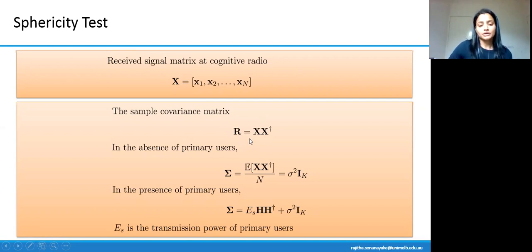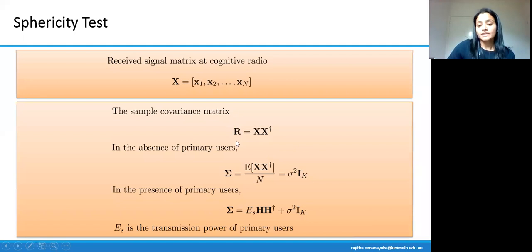When there are no primary users in the network, this R matrix has an uncorrelated complex Wishart distribution. So I can write the population covariance matrix, which is the expected value of this R matrix divided by N. It is simply a diagonal matrix when there are no primary users in the network. But if there are primary users, then this has a correlated complex Wishart distribution because of the correlation created by these primary users.